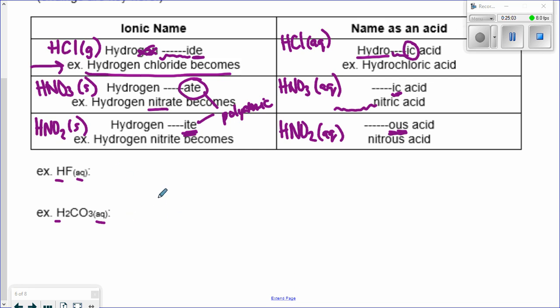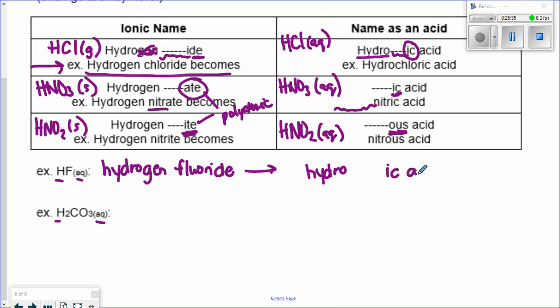So first, let's practice just naming an ionic compound. So HF would be hydrogen fluoride. I see the ending IDE, so we know it's going to have that hydro, and we know it's going to be ic acid.